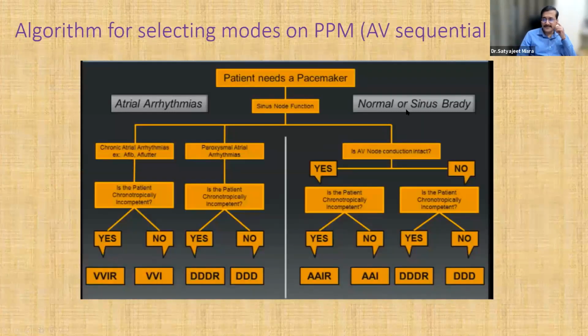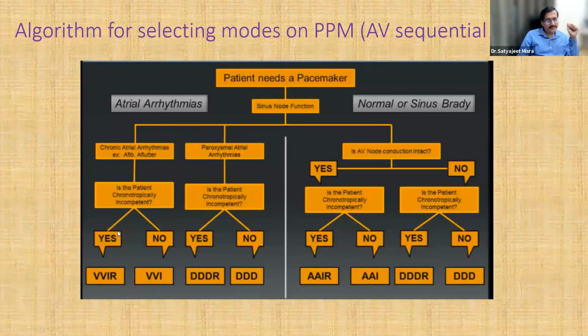So there's an interesting algorithm, and again, this is for permanent pacemakers, if your patient needs a pacemaker. Now you need to see what is the problem with the patient. If the patient has atrial arrhythmias, then you need to see whether the patient has chronic arrhythmias, like atrial fibrillation or flutter. And then the next call is whether the patient has problems in rate responsiveness.